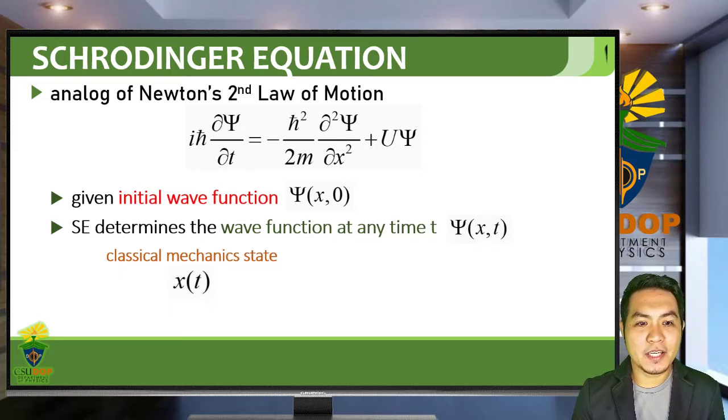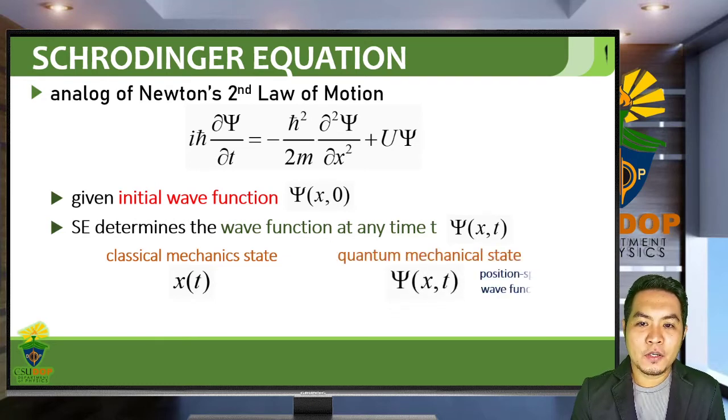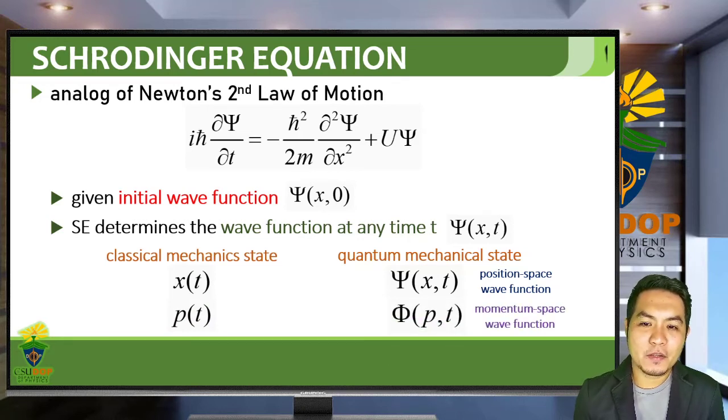One is position. Its analog in quantum mechanics is the position space wave function. So the wave function is a function of x and t. Another analogy is if you have the time-dependent momentum in classical mechanics, its quantum mechanical analog is the momentum space wave function. So those are the comparisons.